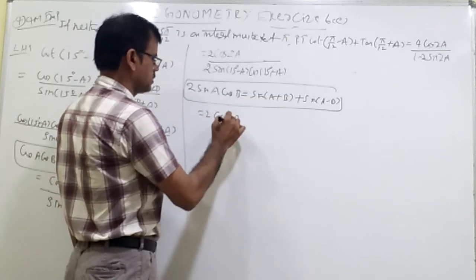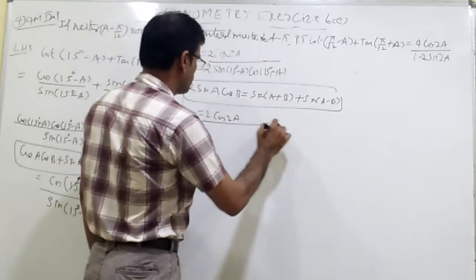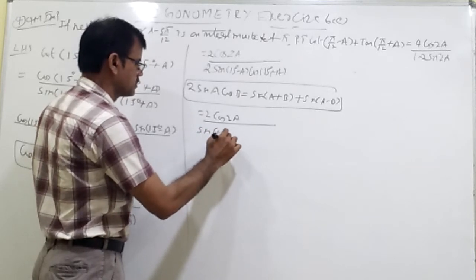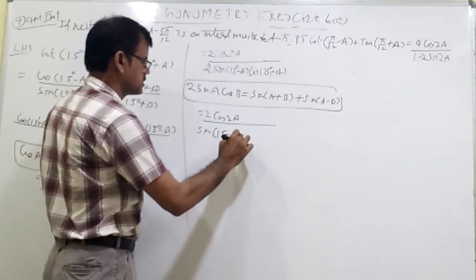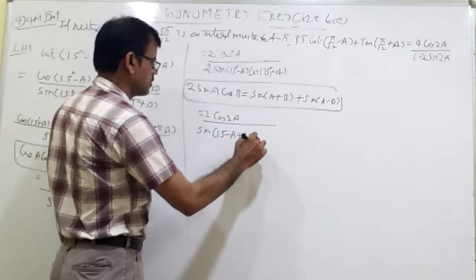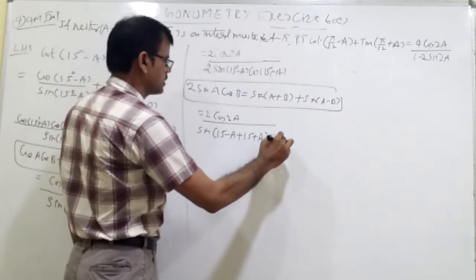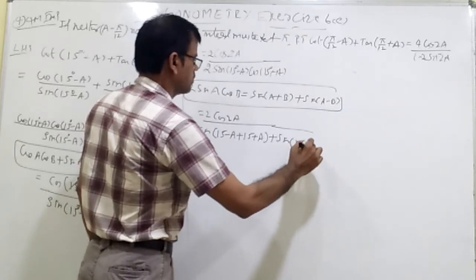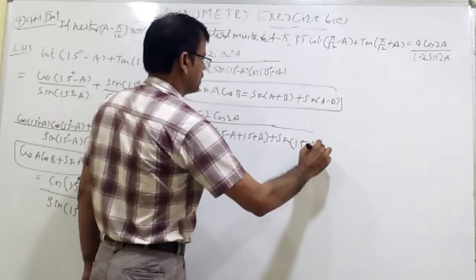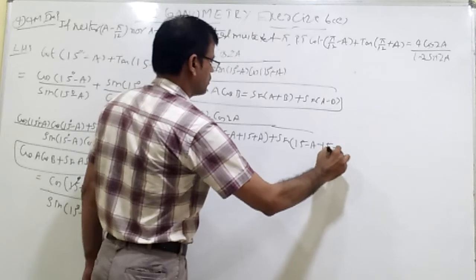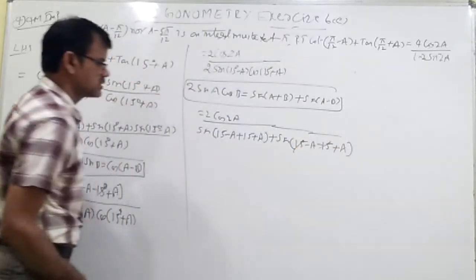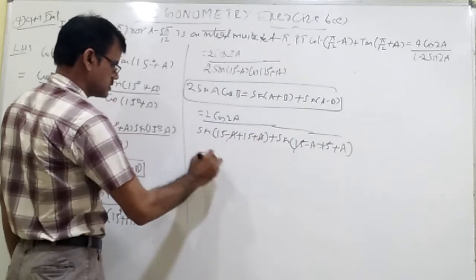Now write like this. This is 2 cos 2a whole by, now apply the sin of (a plus b) concept: sin of (15 minus a plus 15 plus a). In the middle you put plus and sin of (a minus b), so 15 minus a minus 15, minus of minus becomes plus here. 15 and 15 get cancelled, minus a gets cancelled here.